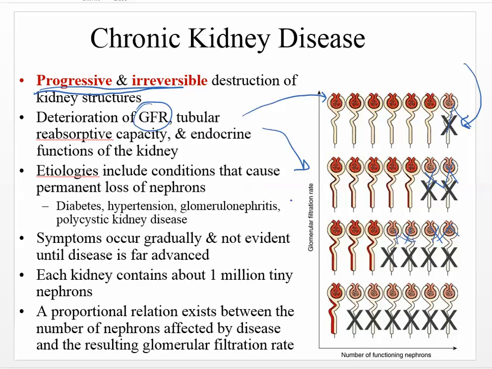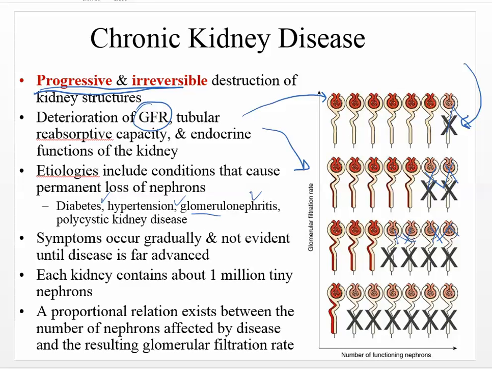The endocrine functions, well, each one of these has a macula densa, which means that any one of these can lead to the secretion of renin and these other endocrine responses that are necessary. And so that's going to decrease. Etiologies, or the causes, include conditions that cause permanent loss of nephrons: diabetes, hypertension, glomerular nephritis, that's malfunction of the glomerulus that we talked about in the beginning.